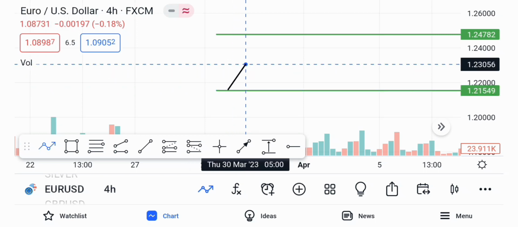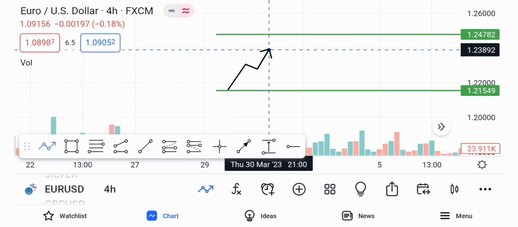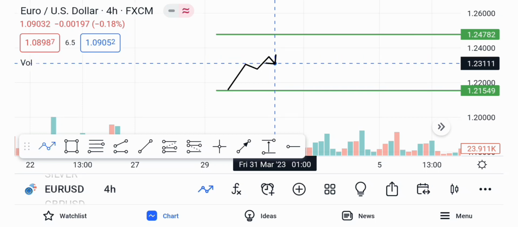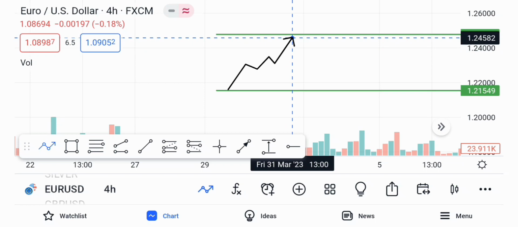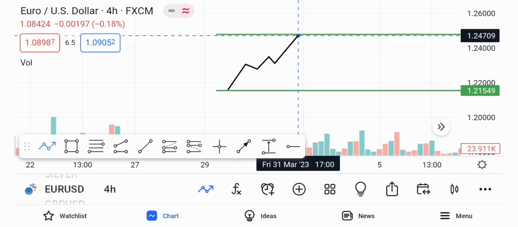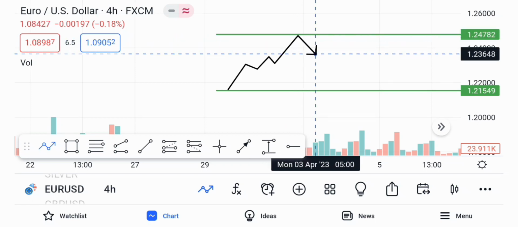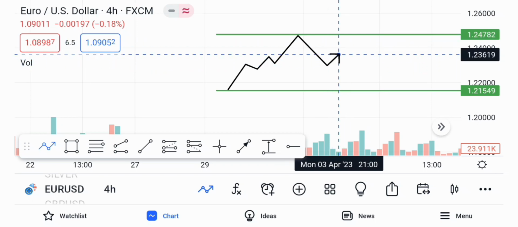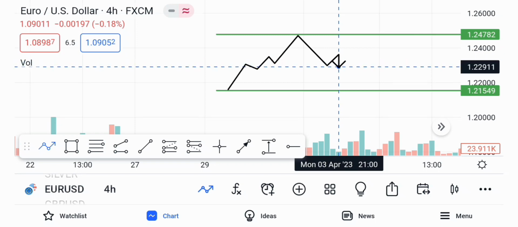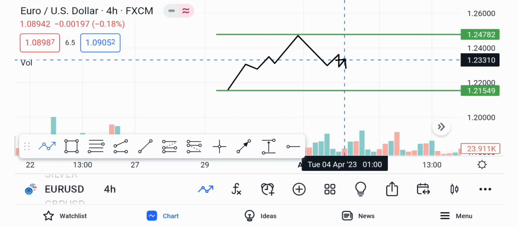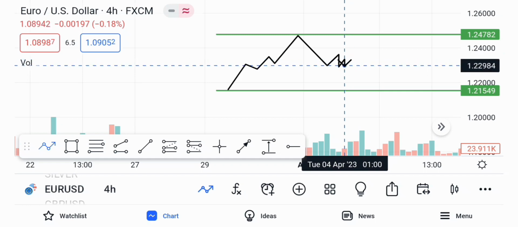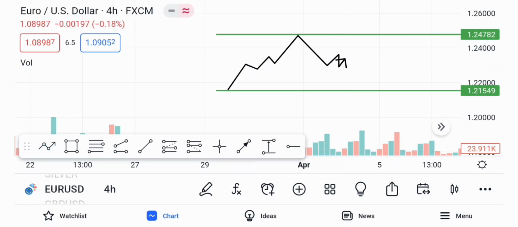As you can see, the market will be trending inside our ranging market, goes up, hits our resistance, comes back down, and there's a consolidation period. Maybe some of you haven't learned this yet, but I want you to understand better.